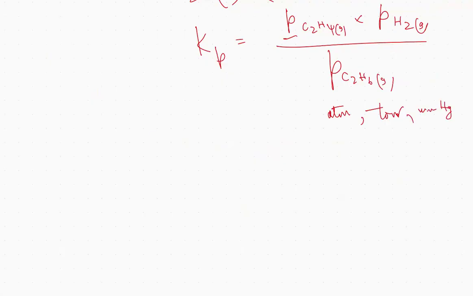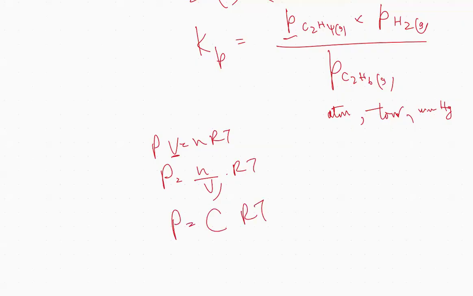So P equals, I bring this volume here, and then I have RT. Now n over V means concentration. So pressure equals concentration times RT, and some books might say P equals MRT because it's the molarity. So I just use C as concentration.